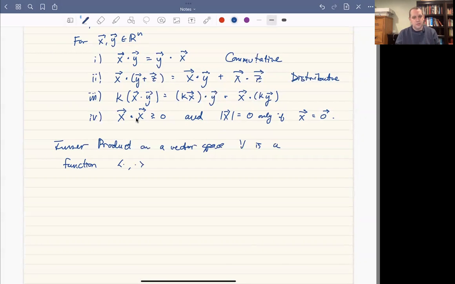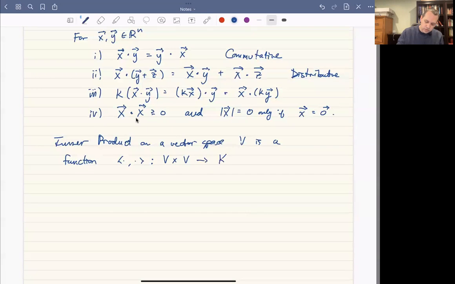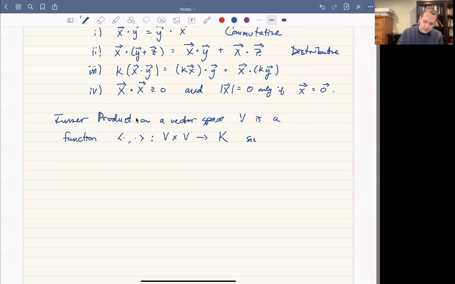I put dots there so that if you want to write u and v, that's fine. But the idea here is that this is going to be a function. It's going to take pairs of vectors and return scalars. So you have a vector space V over a scalar set, typically R. The inputs of this inner product are going to be pairs of vectors and the outputs are going to be scalars. To be an inner product, you need four properties.